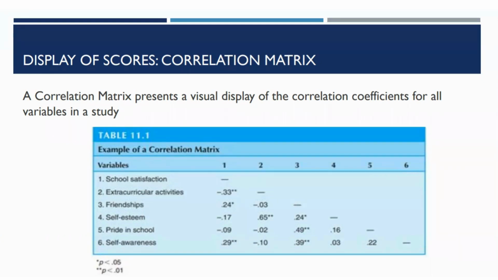We fill only the lower half of the cells because the half of the cells above the diagonal would simply repeat the same information. Finally, the asterisks indicate whether the coefficient statistics are statistically significantly correlated at the p less than 0.05 and p less than 0.01 levels.